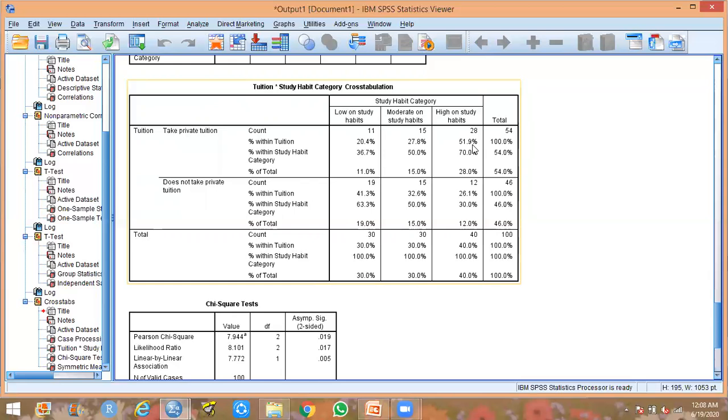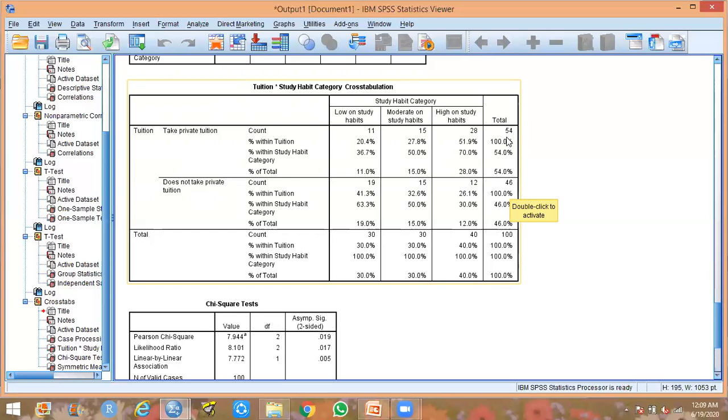This is within tuition, and within study habit category, 70% of them are high on study habit, right? Of course the total count is 54. It is very high compared with those who do not take private tuition, which is 46. This is comparatively high.